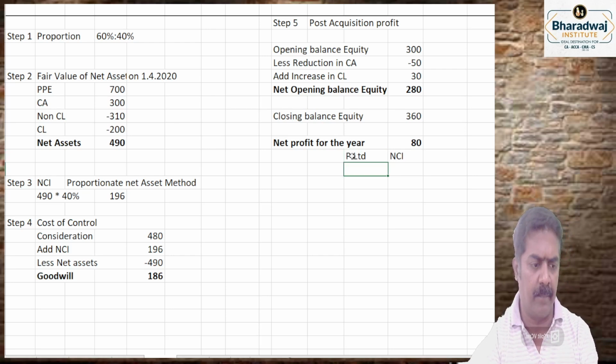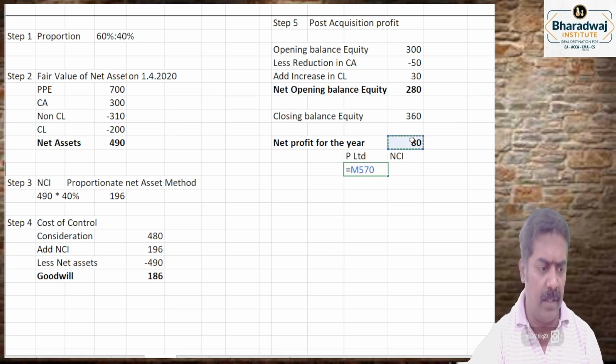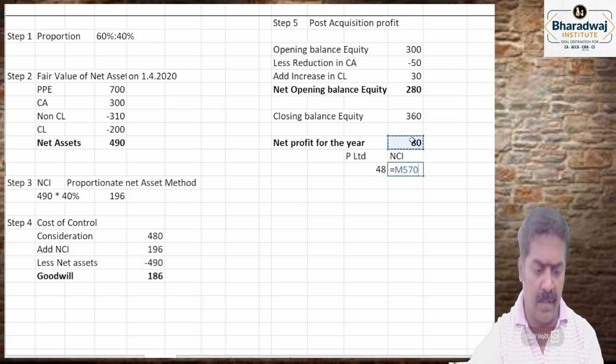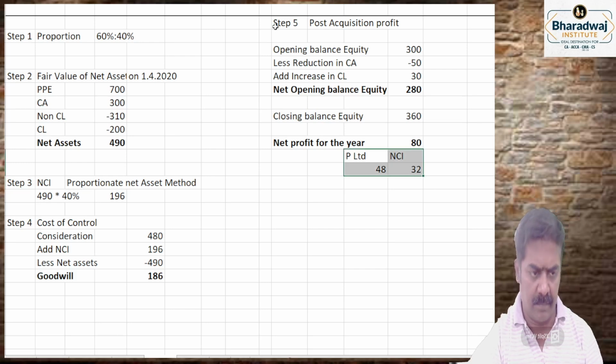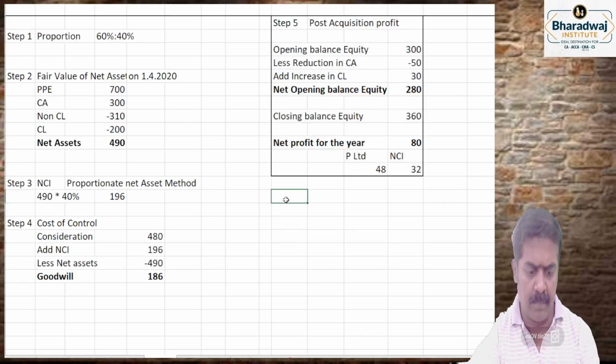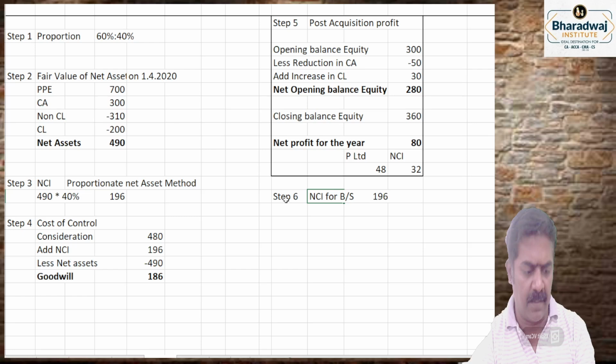NCI. In what percentage? 60%, and this into 40%. NCI for balance sheet. What is initial recognition? 196 plus 32.